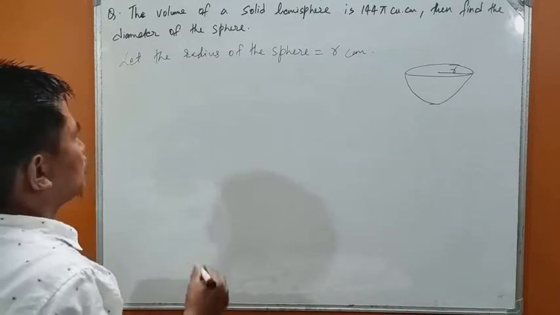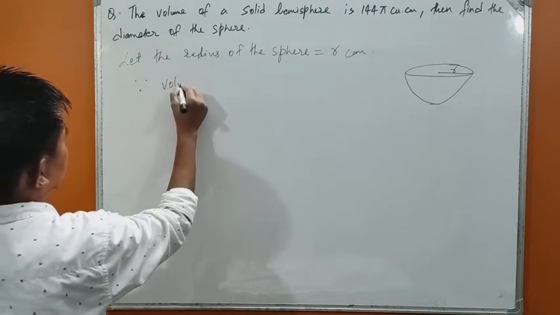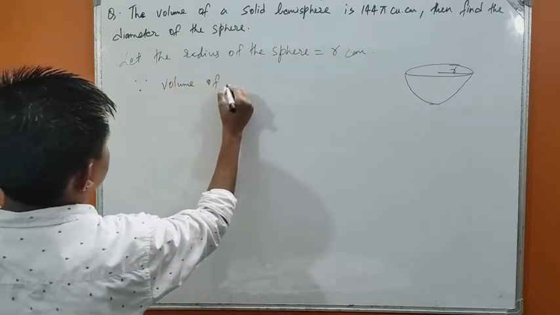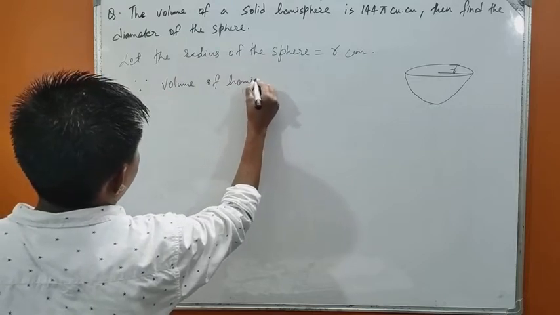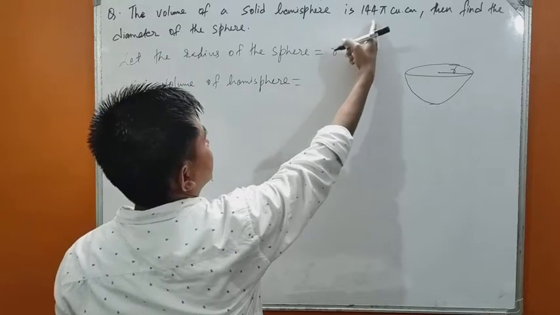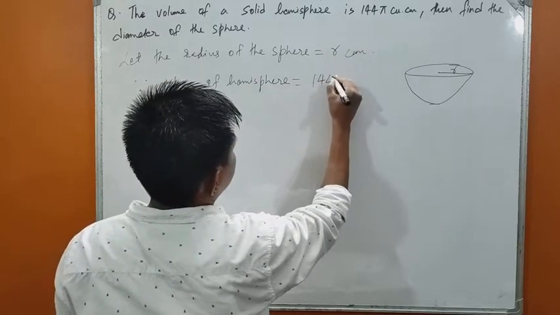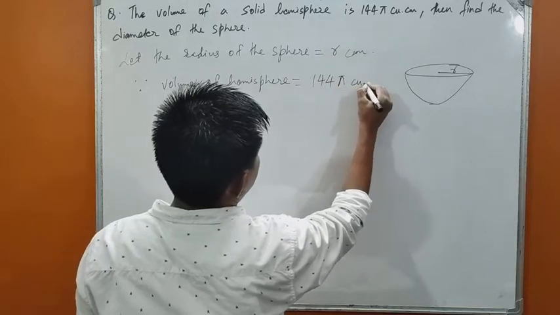Since the volume of the hemisphere is given to us, what is the volume given? 144 pi cubic centimeter.